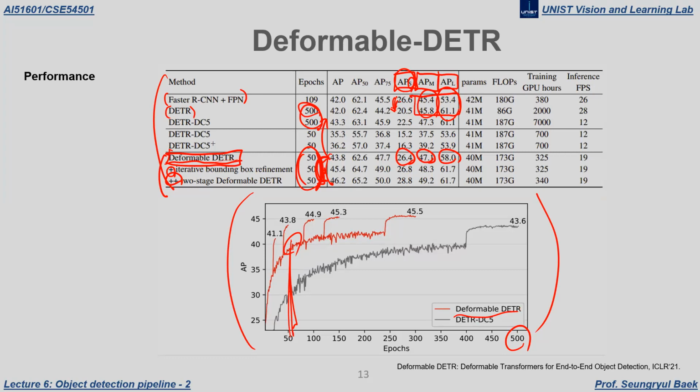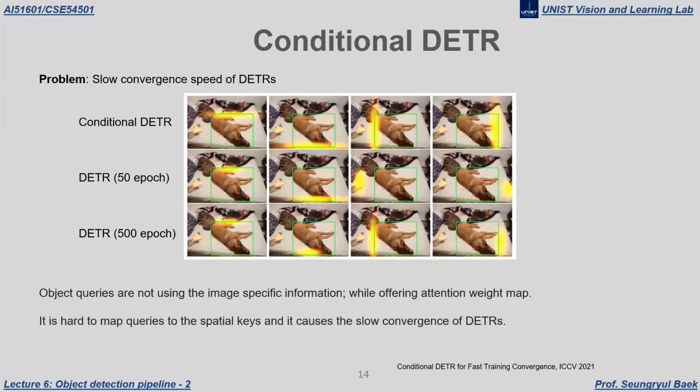So this is the merit of deformable DTR. It takes less time than DTR during training, and actually it is faster than DTR at inference time. Also, it performs better than DTR. Okay, that's the merit of deformable DTR.